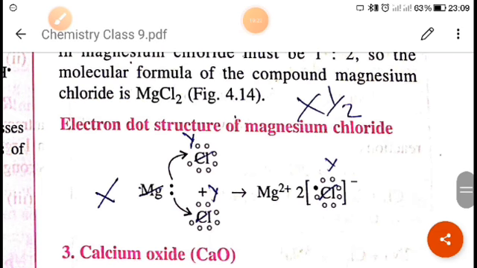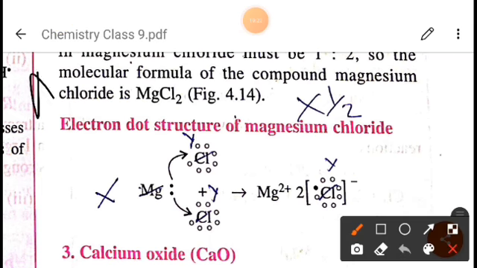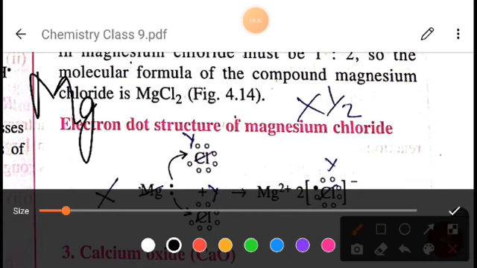Let me write here, it is not given properly. Suppose this is magnesium, and I hope you can see, or else let me change the color.